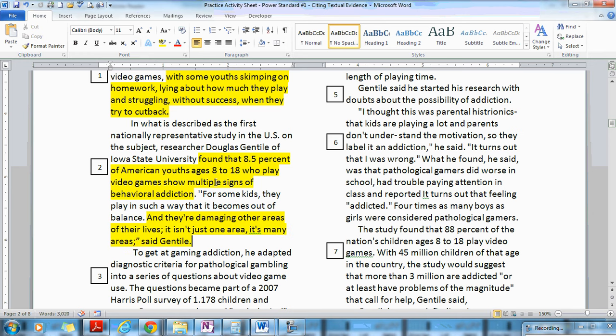As you can see, we already have a lot of yellow. So this author clearly is saying that it's a problem.